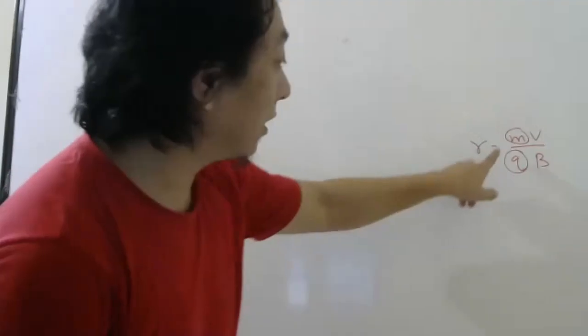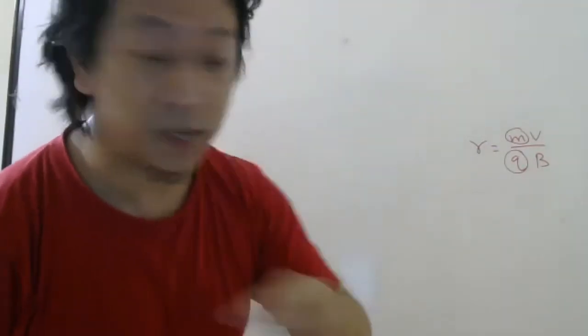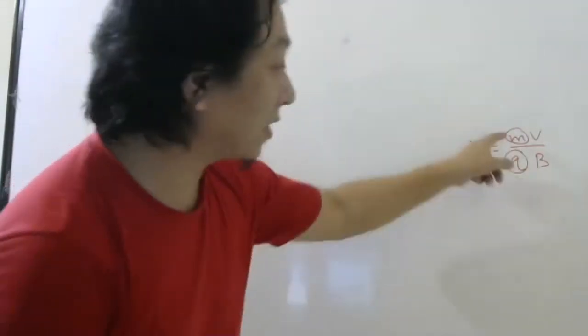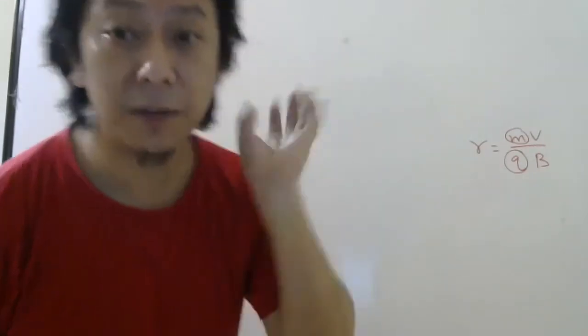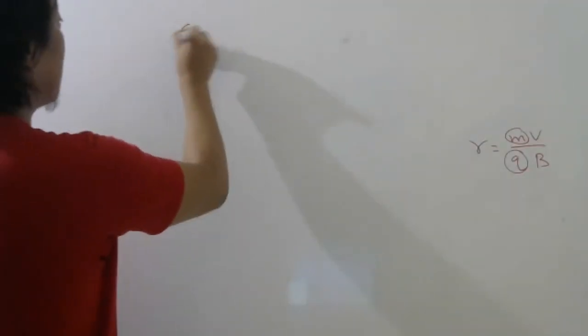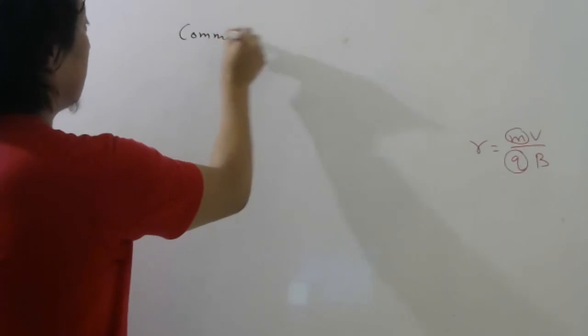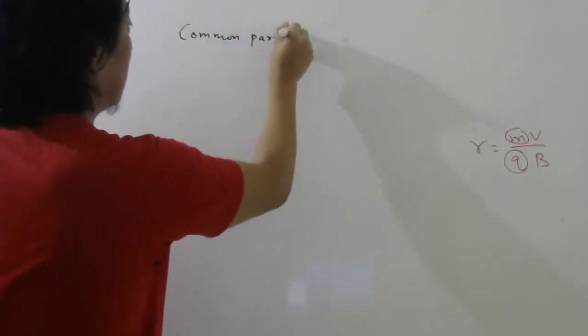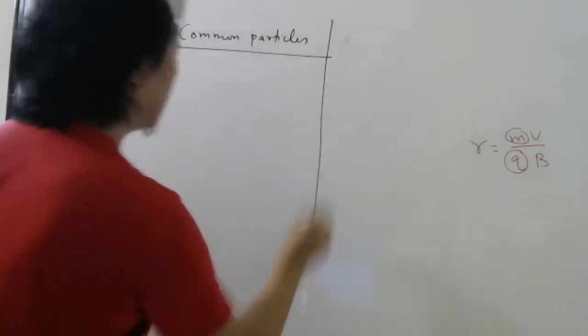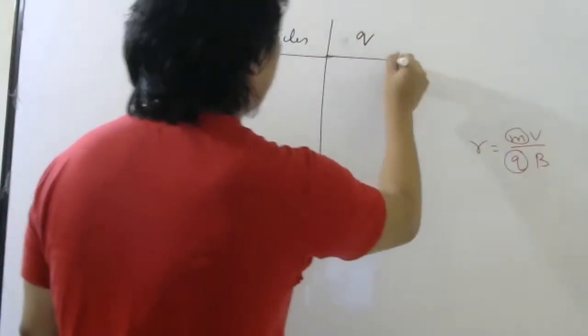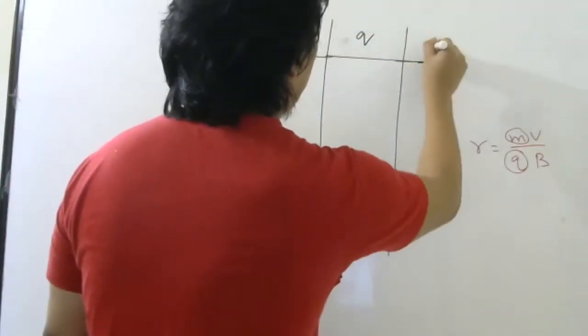So how to find the radius for different particles? For that you should have knowledge about mass and charge. So I will give you some common particles which they ask usually. Here I will give you charge, here I will give you mass.